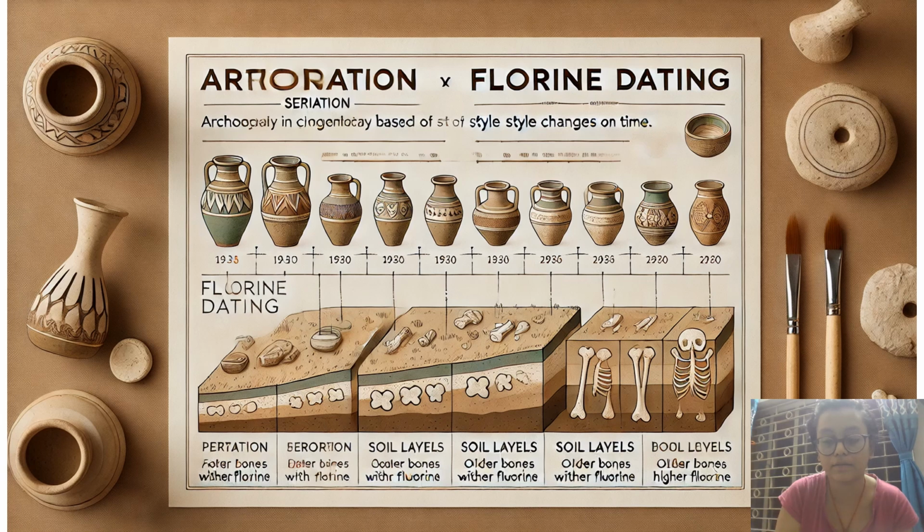And in the relative dating section, I have already uploaded two videos, one on stratigraphy, which is a very integral technique used by an archaeologist, and another one which I uploaded yesterday, on seriation. And today this video is mainly on fluorine dating.